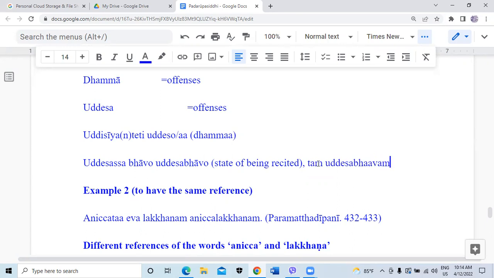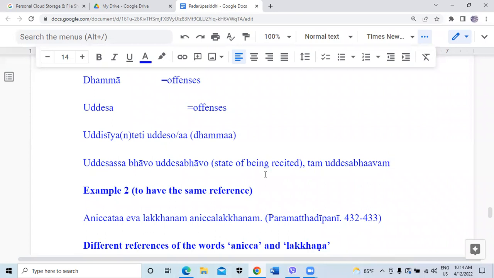This is Kanda. So if we consider Odisha as Bhavapaddhana, we don't need to make any Bhavaddhita Vigha. We just consider Odisha has the sense of bhava, I mean the state of being recited, like this.